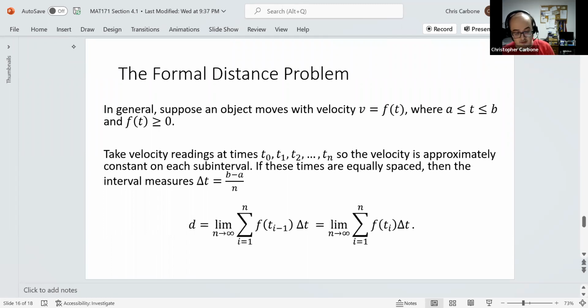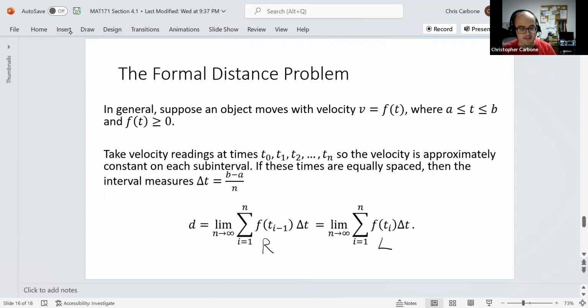And the limit as n approaches infinity of the sum from i equals 1 to n of f of t sub i minus 1 times delta t should be the same as the limit as n approaches infinity of the sum from i equals 1 to n of f of t sub i times delta t. So this is based upon those endpoints.